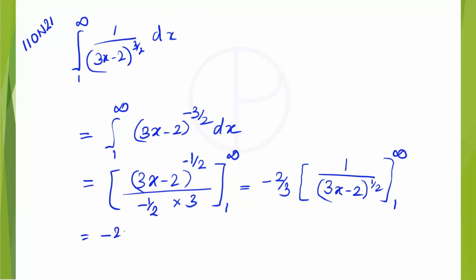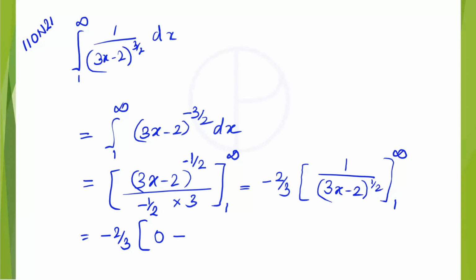So minus 2 over 3 multiplied by, when you substitute infinity for x, you'll get 1 over infinity. 1 over infinity is nothing but 0. Okay?